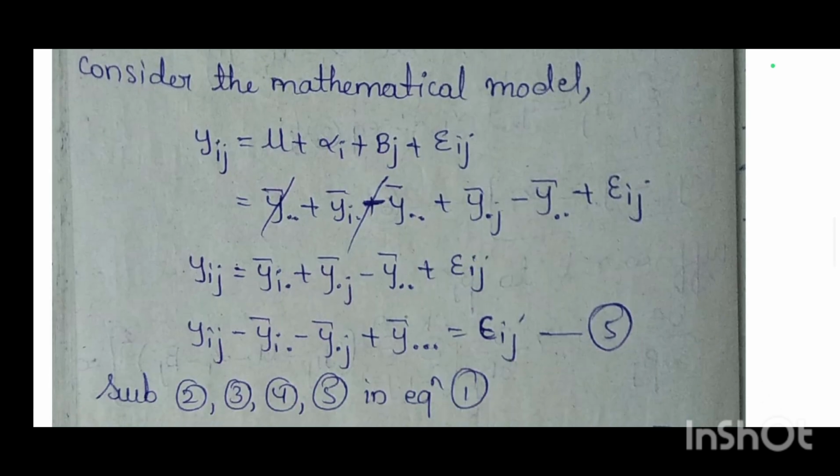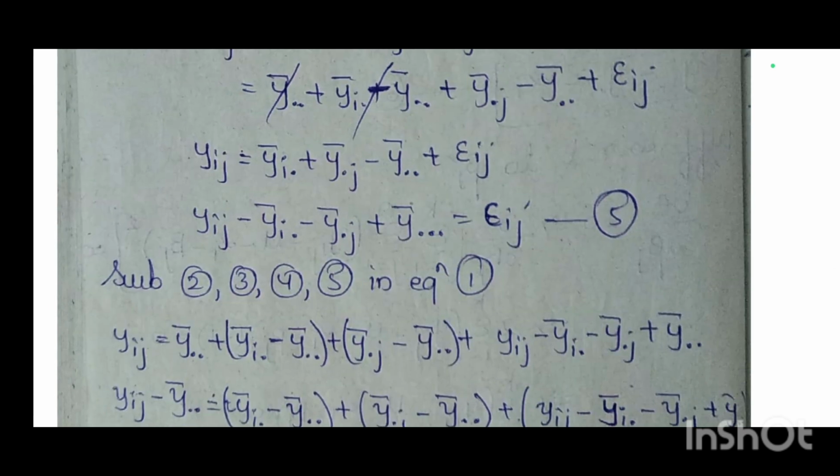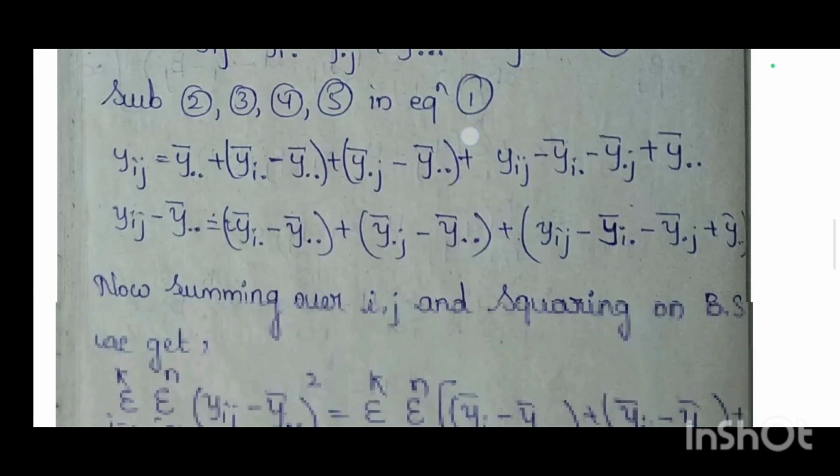So consider the mathematical model and substitute all the values for getting the epsilon ij value. Epsilon ij value you got is yij minus y bar of i dot minus y bar of dot j plus y bar of double dot. Put it as equation number 5. Substitute all of 2, 3, 4, 5 in equation 1, then you will get the model.